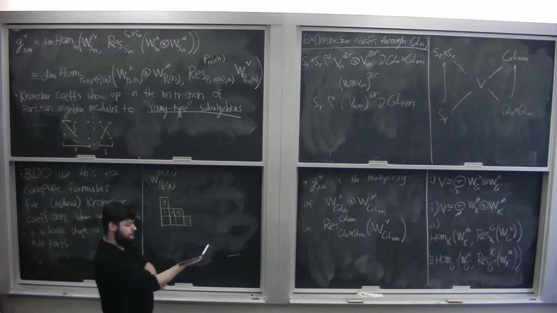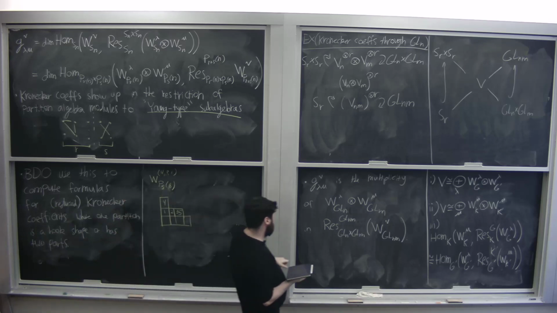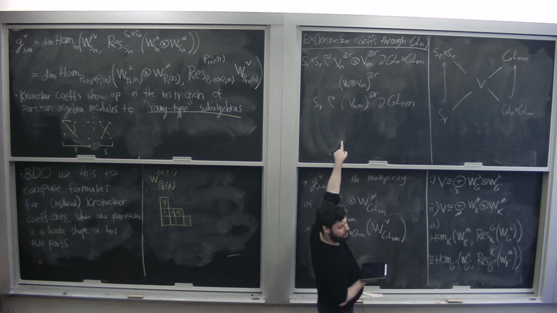When you realize, the inclusion is just by the tensor product. Yeah, because what we're doing is literally combining the Vn tensor Vm into this.